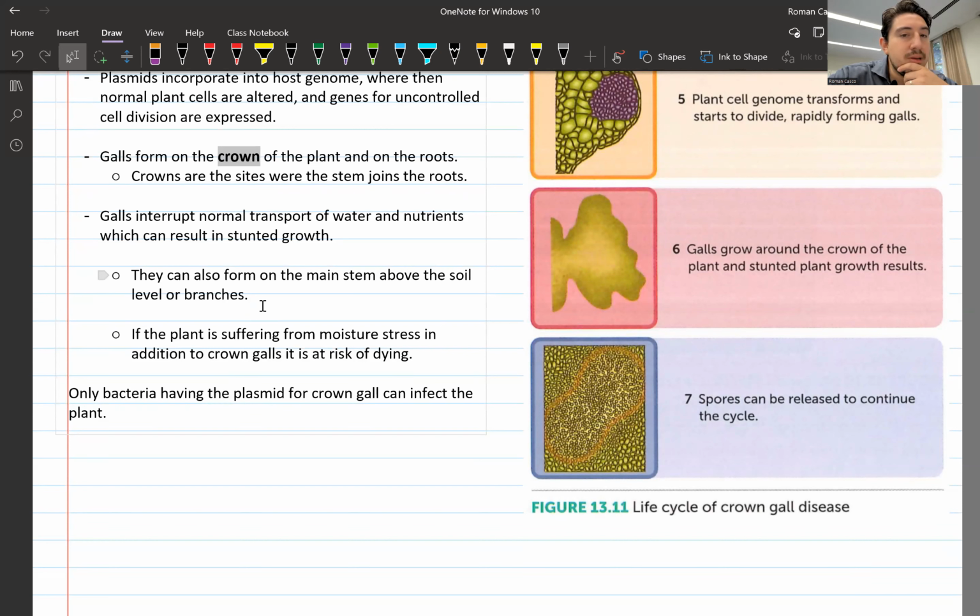So it's incredibly important to be monitoring these diseases. You want healthy plants, you want to avoid some type of infection there.